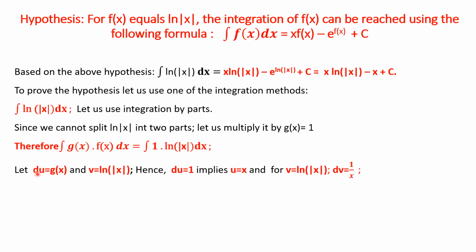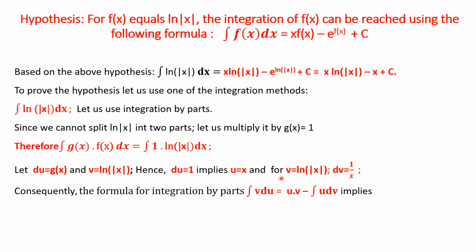Now let du be equal to g of x and v equal to ln of the absolute value of x. Hence, du equal to 1 implies u equal to x, and for v equal to ln of absolute value of x, dv will be equal to 1 over x. Consequently, the formula for integration by parts is integration of v du equals u dot v minus integration of u dv.